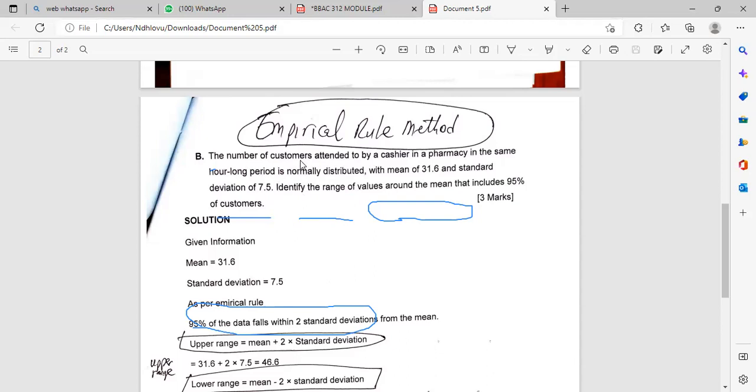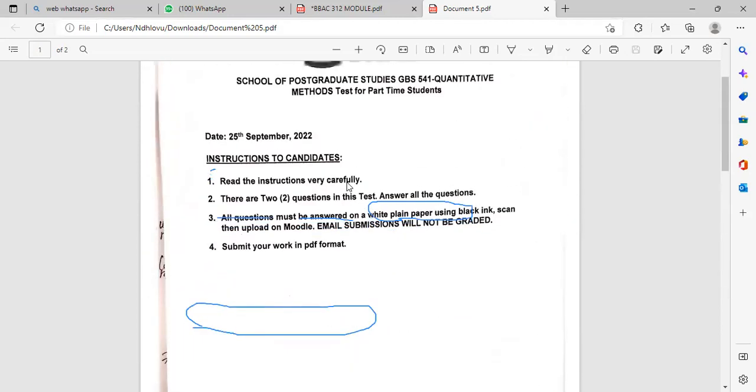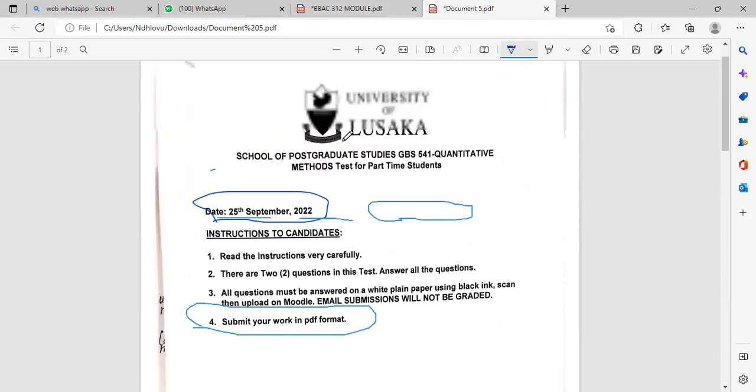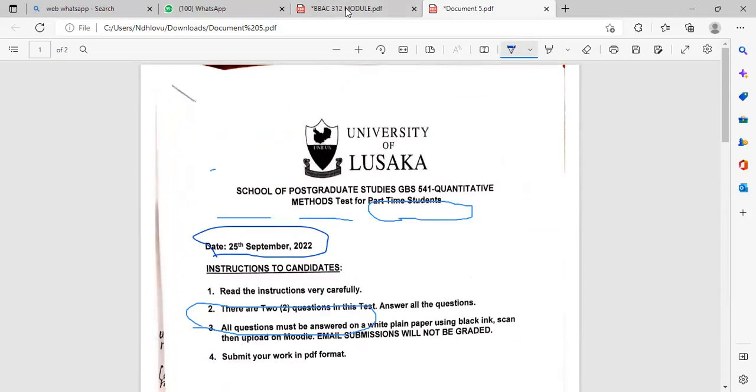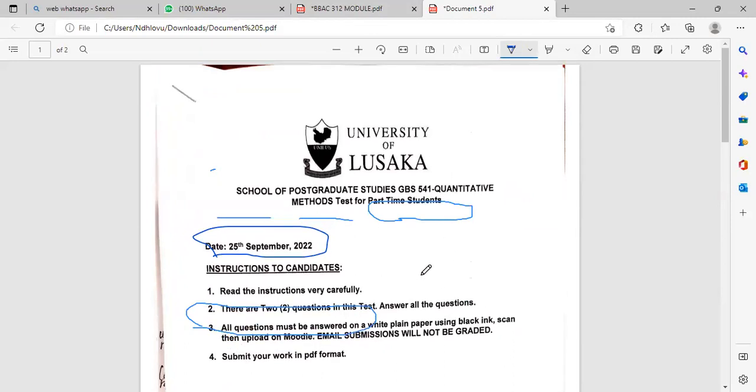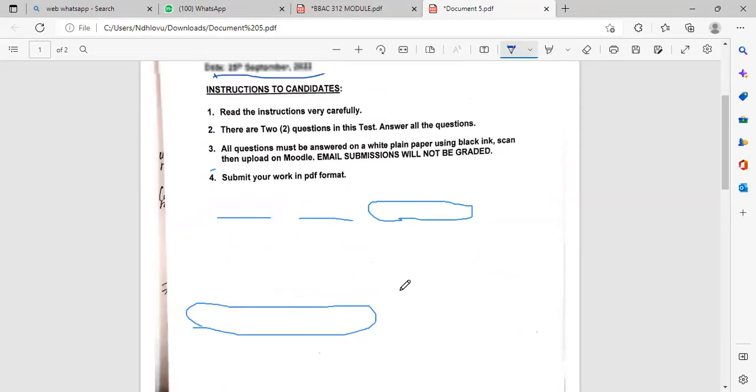This question came in one of the test papers, September 25th, 2022.